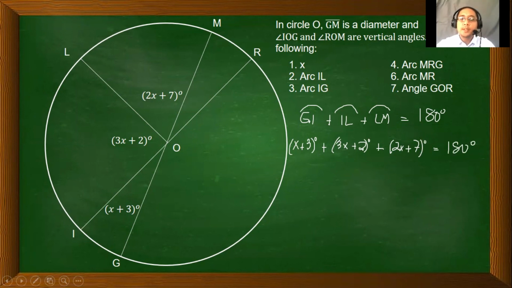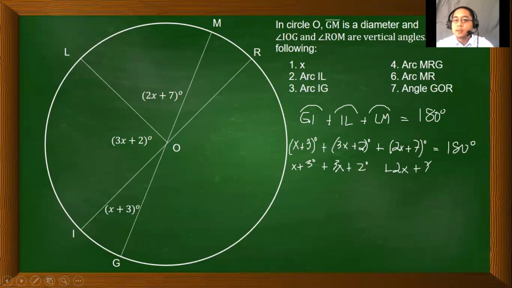Now, you will first simplify all the degrees of the given problem here. So we'll have x plus 3 degrees plus 3x plus 2 degrees plus 2x plus 7 degrees, and that is equivalent to 180 degrees.